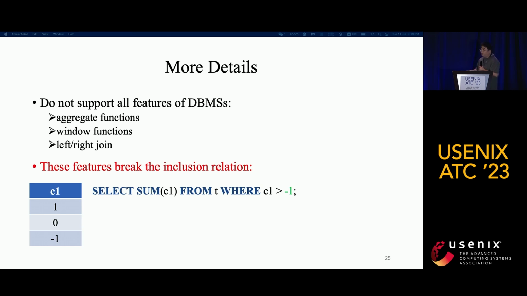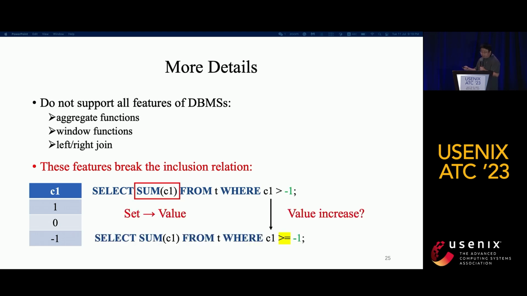For example, if we consider an aggregate function, such as a summation here, if we relax this selection condition, this where clause, to get a weaker predicate, we don't know whether this query will generate a larger or smaller result, because it totally depends on the content of this table.